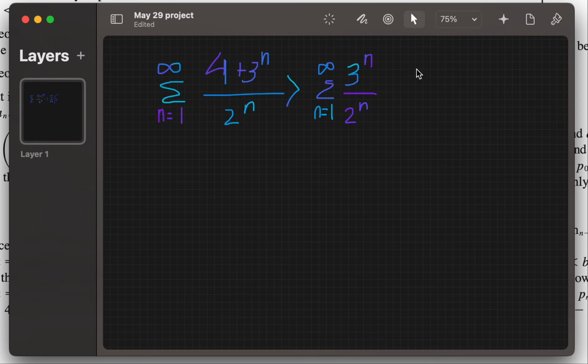So you can use the direct comparison test to say that this series is also divergent, because any series that is bigger than a divergent series will also be divergent.